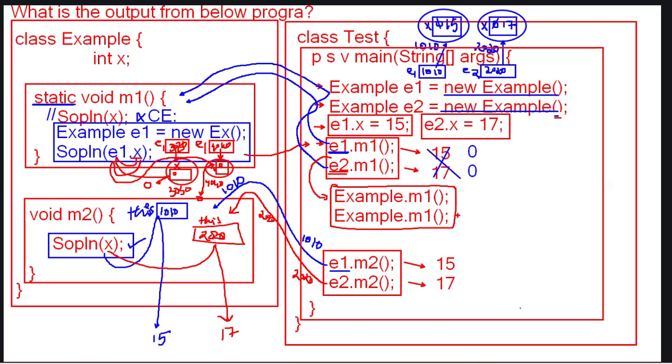Done? Down I have written E1.m2, E2.m2. Whatever arrow marks are there on the screen, everything should be in your notes.